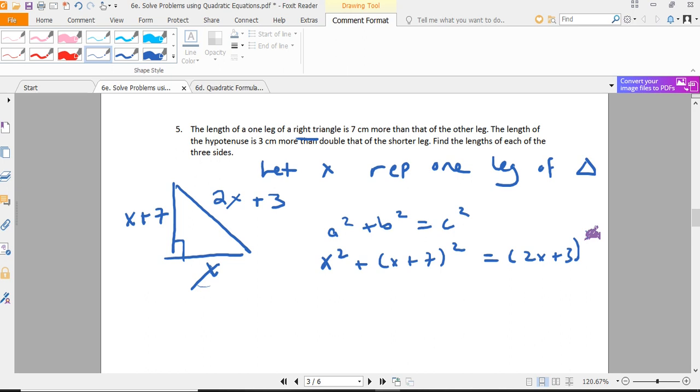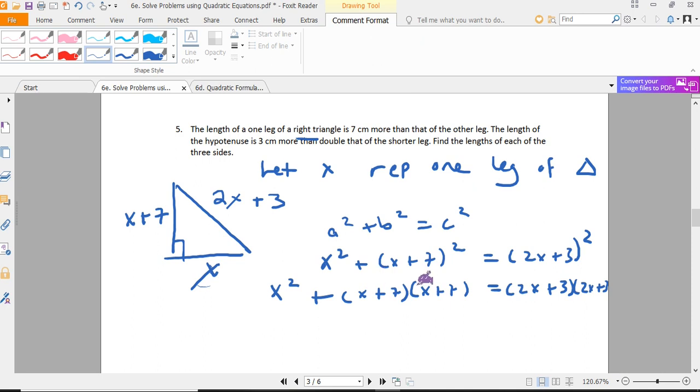This one will really test your algebra skills because you need to expand everything. But (x plus 7) squared does not equal x squared plus 49. Does not. This means (x plus 7) times (x plus 7) equals (2x plus 3) times (2x plus 3).